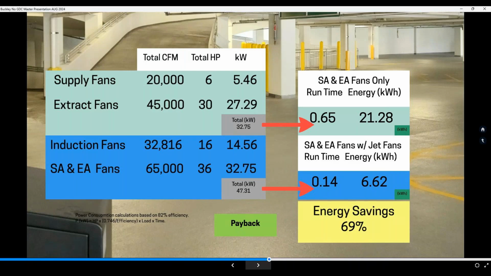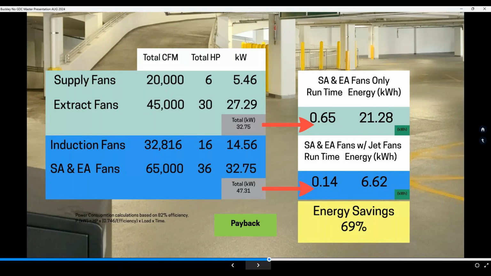All right. Now, down here at the bottom, the scenario where we've introduced jet fans. Now, you may say, John, how can you become energy efficient by introducing more horsepower? Well, we're introducing the right kind of horsepower in the right kind of fan to do the right kind of job. So we went from 36 horsepower to 52 horsepower, or a total of 47.3 kW.